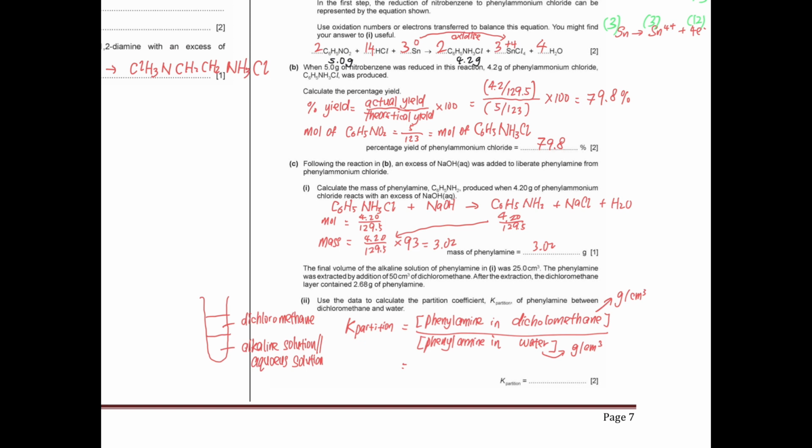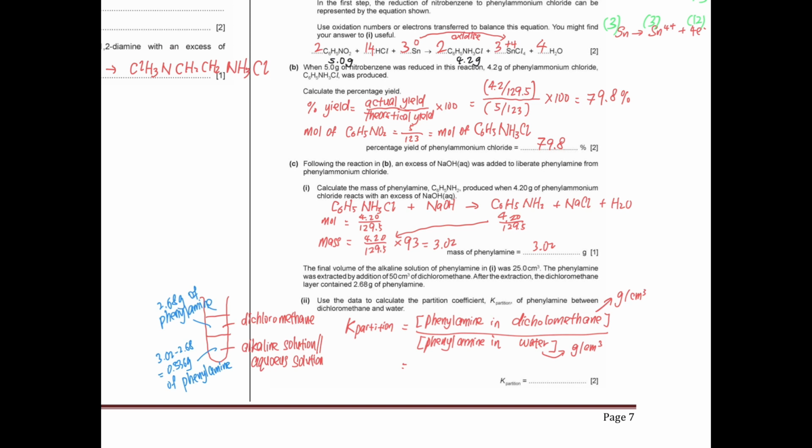So that means there are 2.68 gram of phenylamine over here, and at the bottom we have 3.02 minus 2.68, which is 0.336 gram of phenylamine remain in the aqueous solutions. So most of them go to the organic solvent already. So some remain in the aqueous solution.